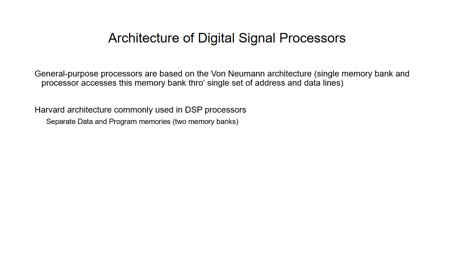Here we have the Harvard architecture, which is commonly used in digital signal processors. Separate data and program memories are kept in two memory banks. This architecture is used for digital signal processing systems. Next, separate address buses for data and program memories are used in the architecture of a digital signal processor.